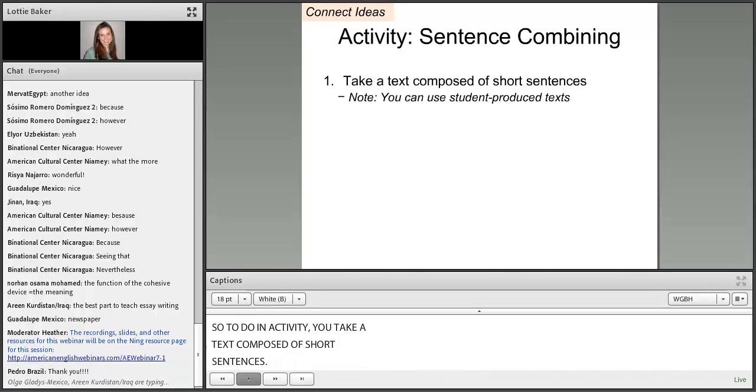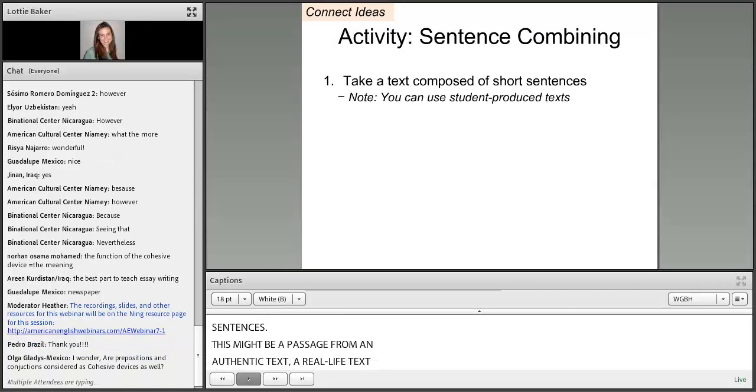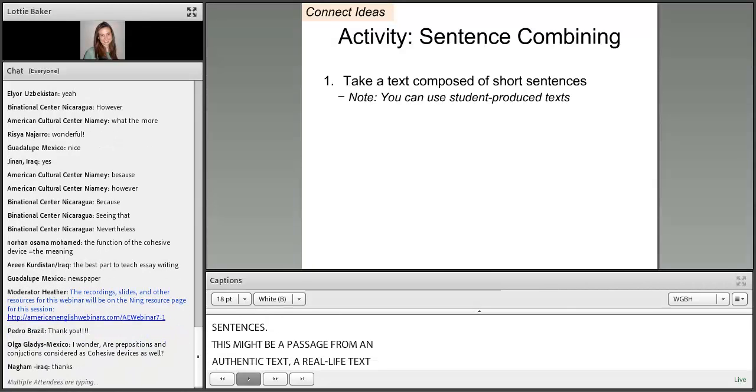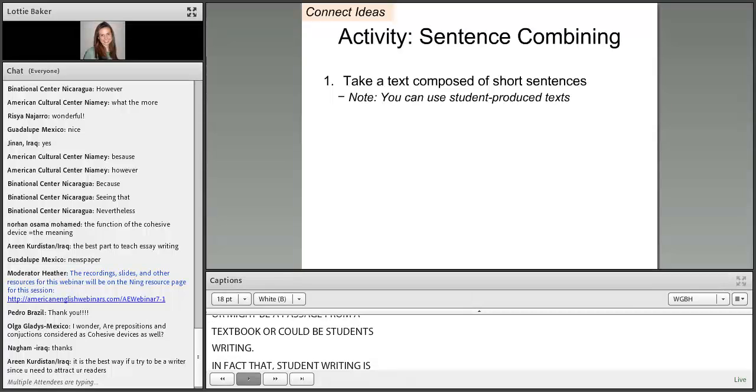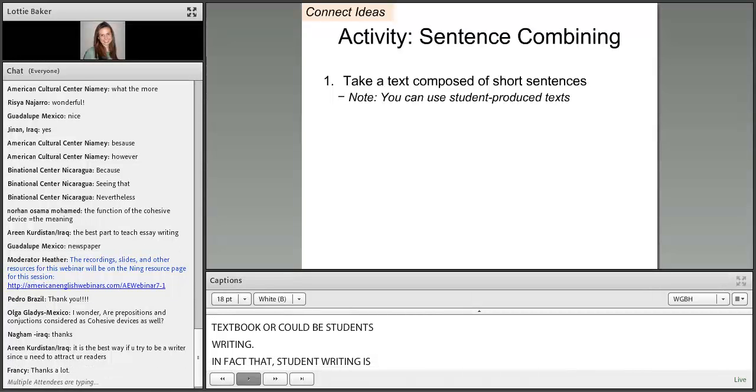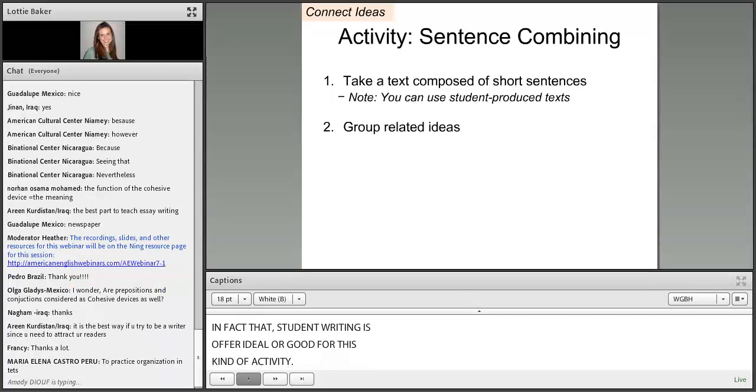This might be a passage from an authentic text, a real-life text. It might be a passage from a textbook, or it could be student writing. And in fact, student writing is often ideal or good for this kind of activity because beginning student writers tend to use shorter sentences.